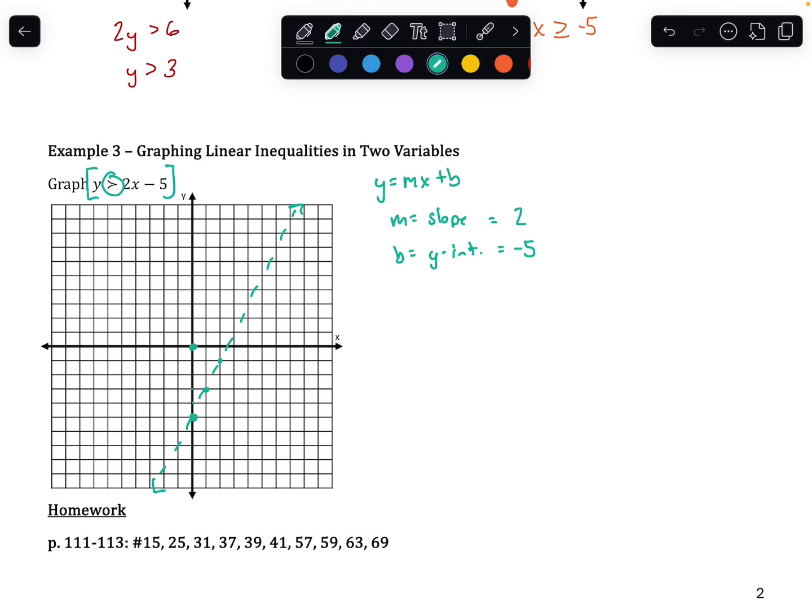So we're going to plug in 0, 0. So 0 is greater than 2 times 0 minus 5. So we have 0 greater than negative 5. Is that true? Yes, it's true. We shade it in.